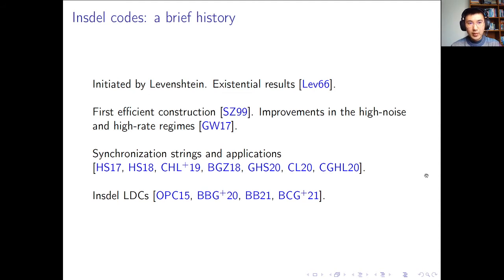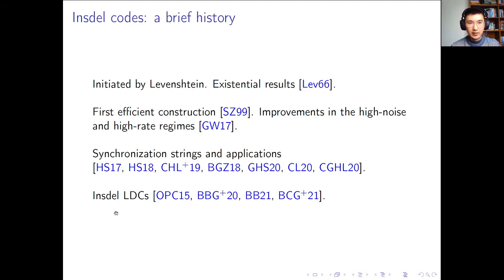Here's a brief history about InsDel codes. The study of InsDel codes dates back to Levenshtein in the 60s, and we don't have any efficient constructions until the late 90s when Schulman and Zuckerman gave the first efficient construction. And this was not a very exciting research field until 5 years ago, when synchronization strings were introduced, and since then there have been a lot of constructions based on synchronization strings.